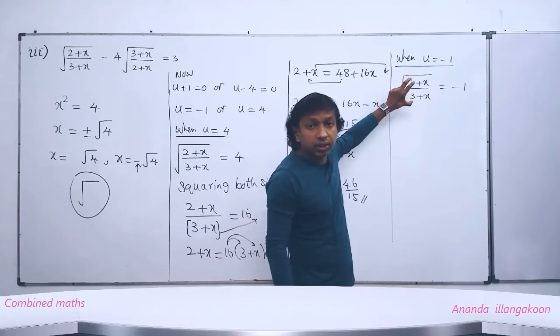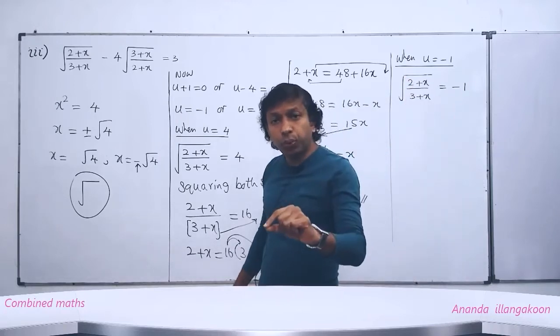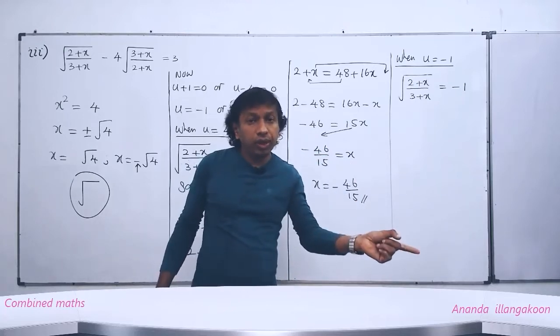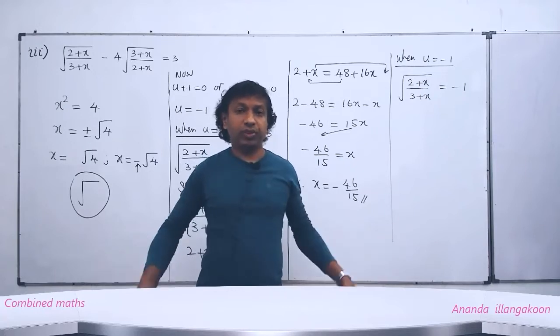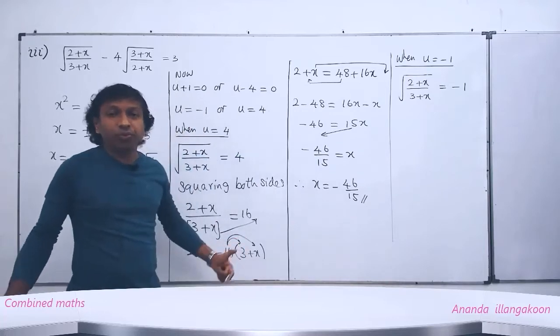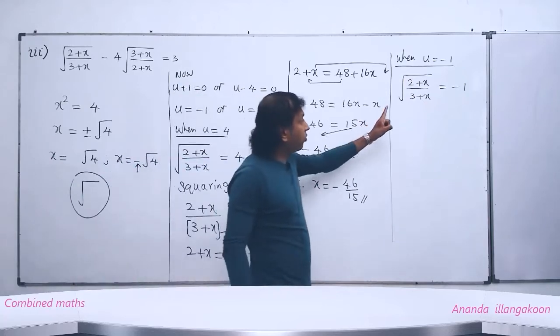But this says the positive value in the left hand side is equal to negative 1. Can a positive real number be equal to a negative real number? No. Then positive equal to negative means, people, it is impossible really. Therefore, the left hand side is obviously positive.